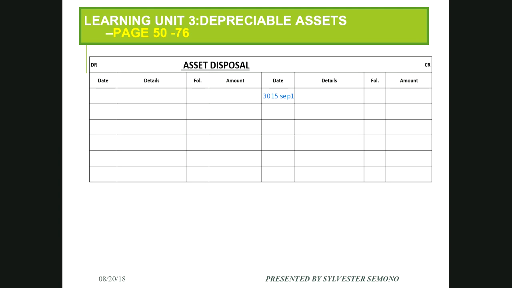I'm just going to abbreviate. Let's be specific and say on what? Because we do have the other one for the other asset. Let's say on the vehicle, just to be specific. And the journal, obviously. How much was the amount? 132,500.